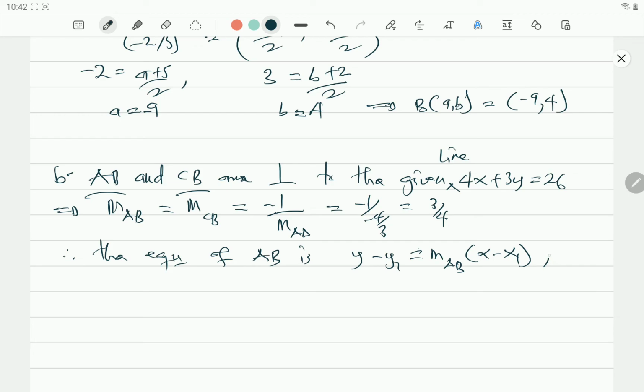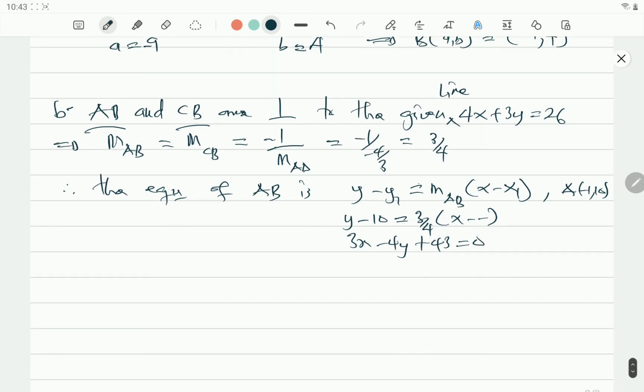So let's say we are using the point A, which was one of the first points we solved, which was (-1, 10), right? So by substituting, we have y minus 10 is equal to the gradient we just solved, 3 over 4, times x minus minus 1, which finally gives us 3x minus 4y plus 43 equal to 0.